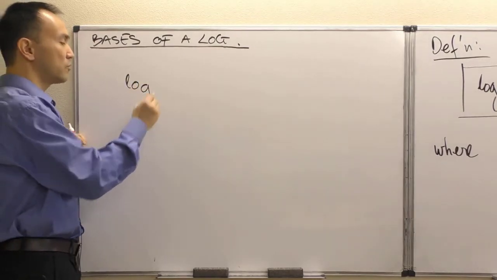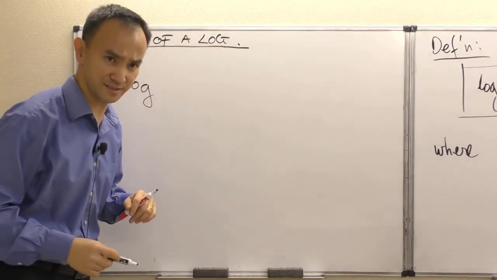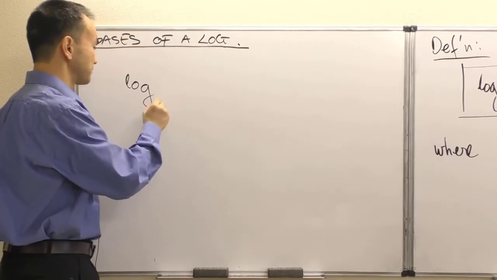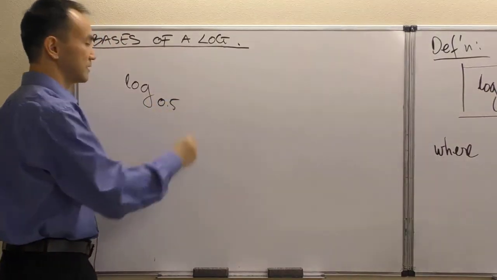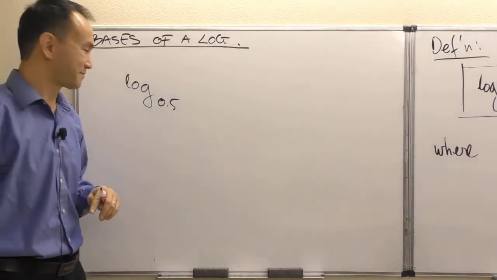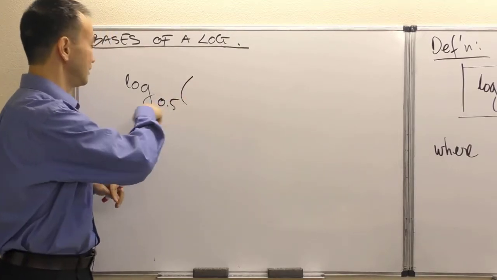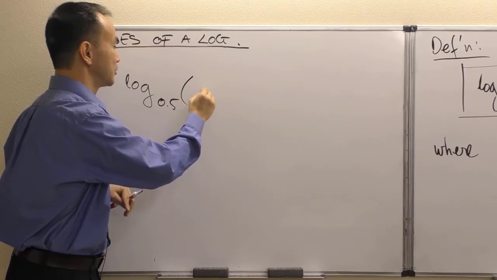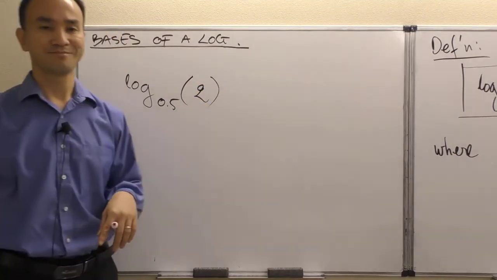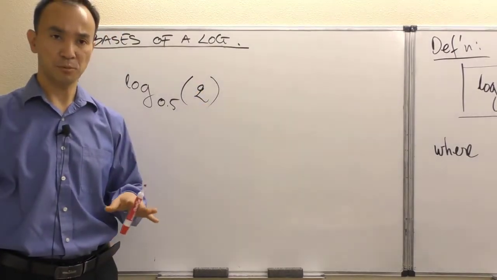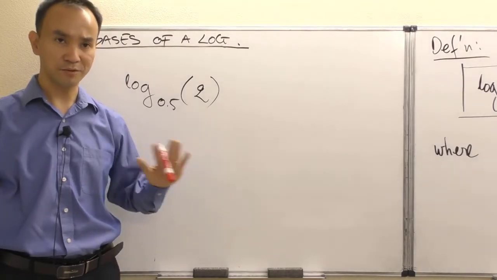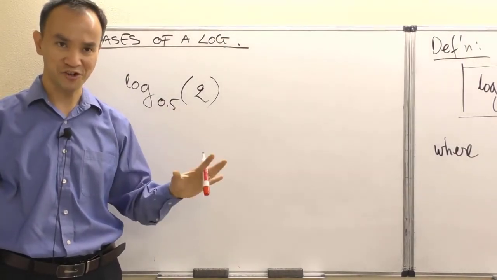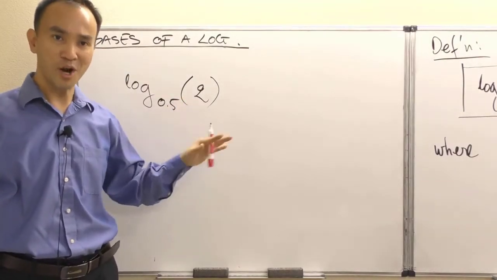We can also work with a decimal base, like 0.5. So log base 0.5 of 2. This is completely a legal and official logarithm question.